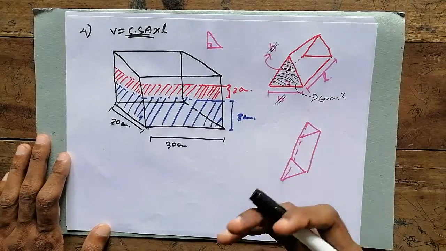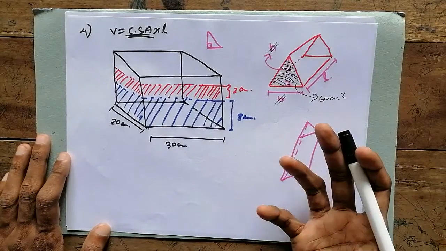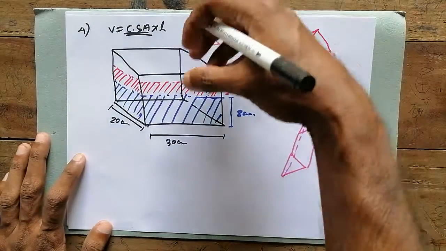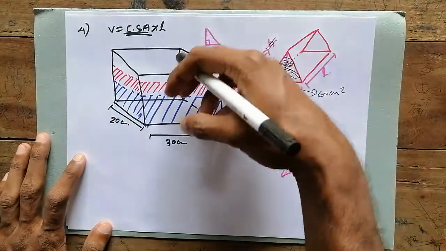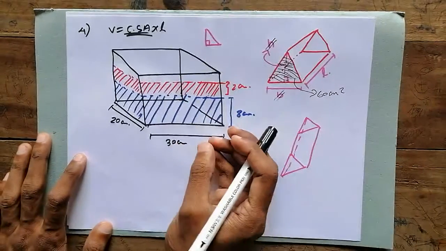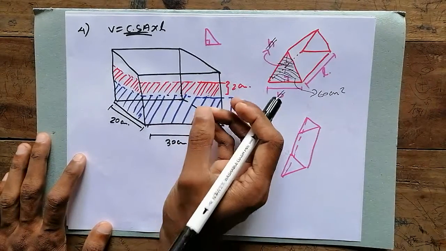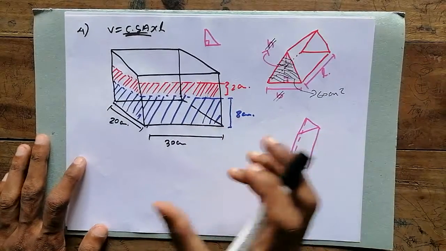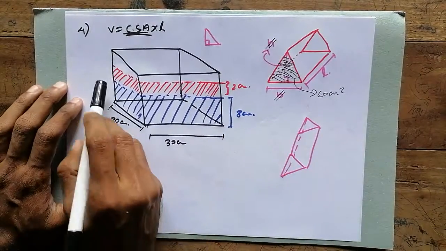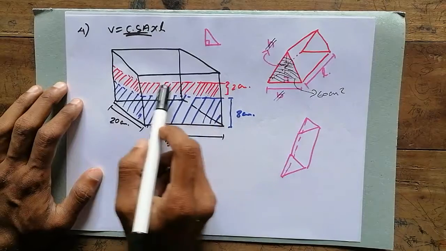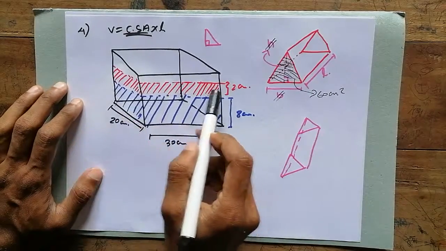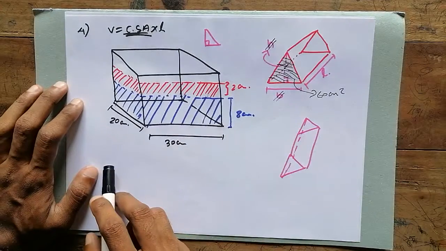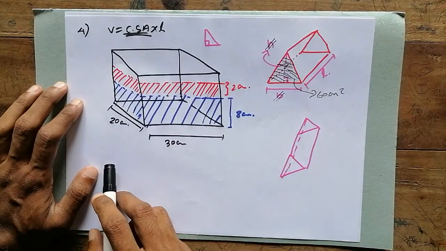Instead of directly giving the volume, they mention a story. When you put this prism inside the water, the water level is raised up. So we can have a relationship: the volume of the raised water is equal to the volume of the prism. Is it correct?